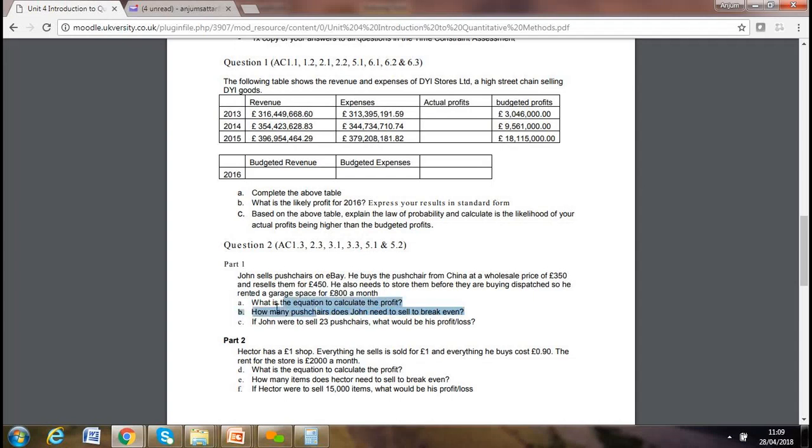I'm still stuck at part A where it requires the equation to calculate the profit. Isn't it talking about algebraic equations where there are terms like x, y? No, you don't need to. You can assume it.